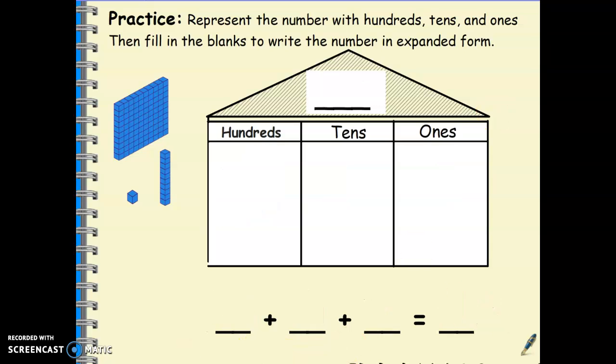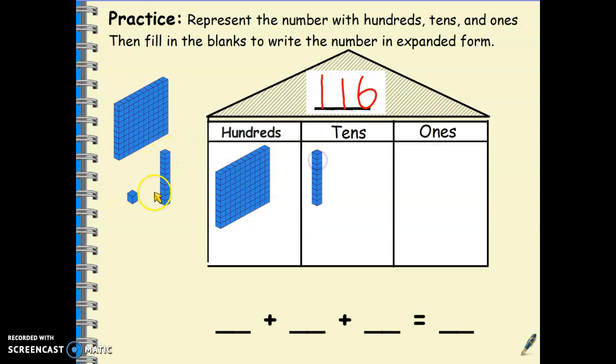Let's try another one. My number is 116. So I will need 100, 10, and 6 ones. 1, 2, 3, 4, 5, and 6.